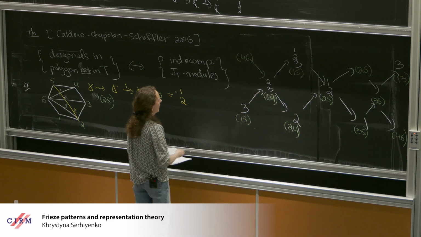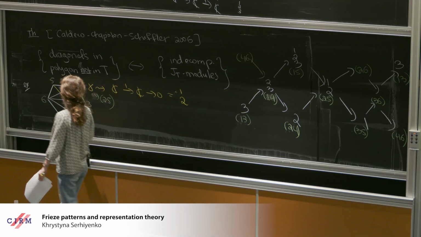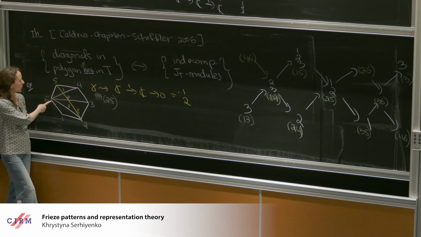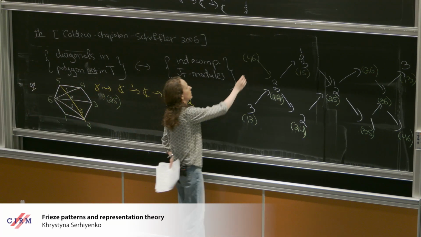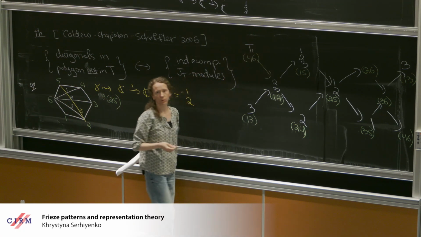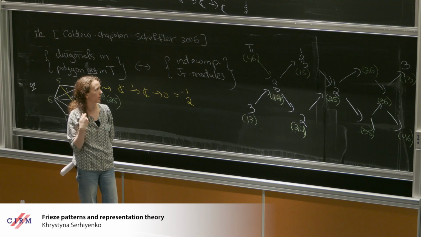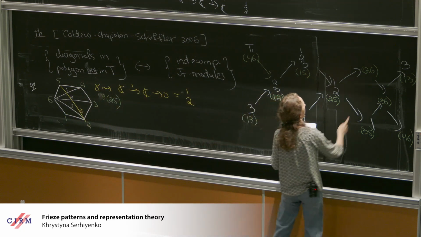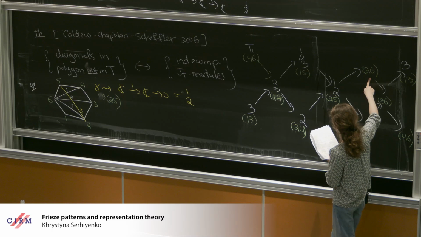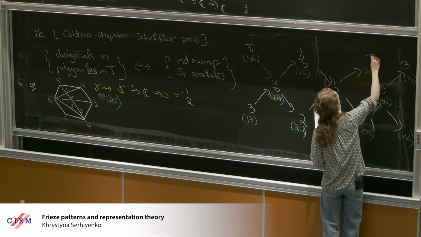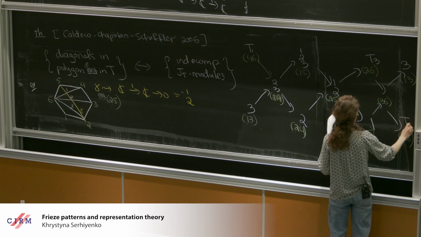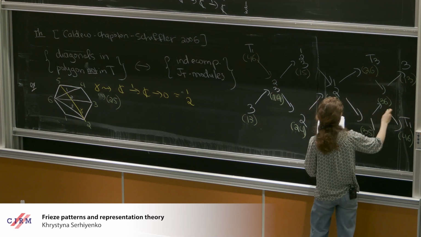So we go back: 4, 6 is this arc, and it doesn't cross anything in my triangulation, so I'm just going to denote it as T1. It is not a module; it just corresponds to an arc with label 1. Same with 2, 6: 2, 6 is T3. 4, 6 is T1, and 3, 6 is T2.